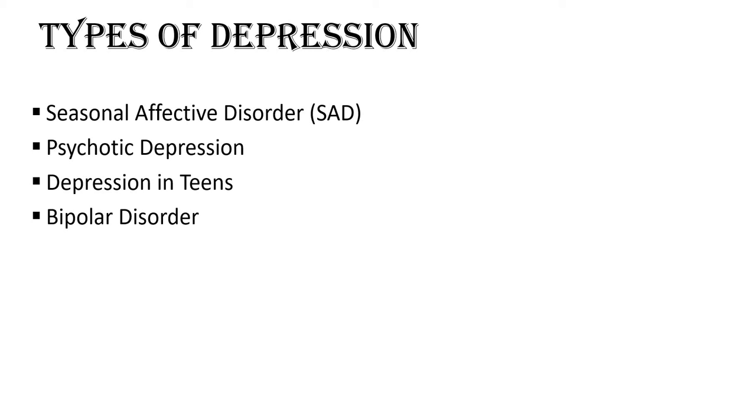Second one, that is psychotic depression. People with psychotic depression have the symptoms of major depression along with psychotic symptoms such as hallucinations, that is, seeing or hearing things which don't exist, meaning imaginary things, imaginary people; delusions, that is, false beliefs; and paranoia, wrongly believing that others are trying to harm you.